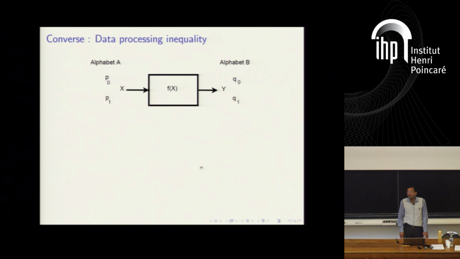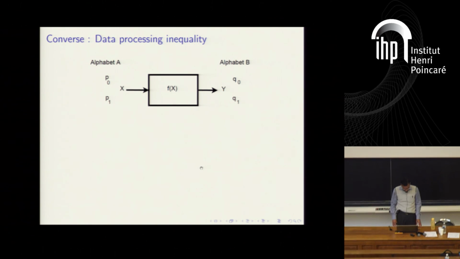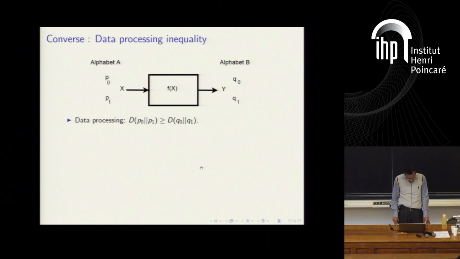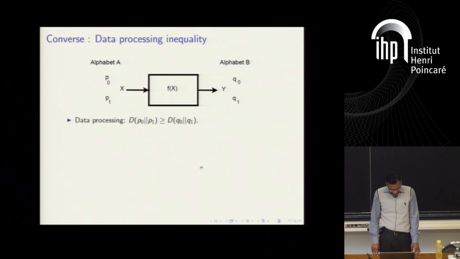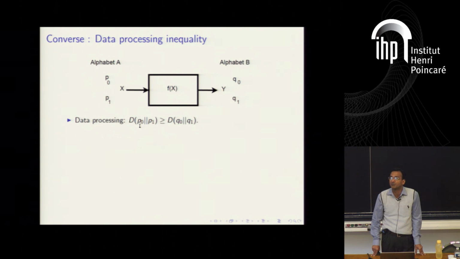And you do some processing, and out comes your y. You'd like to do this hypothesis testing. Now, your ability to distinguish between these two hypotheses is given by this relative entropy between P0 and P1 when you're operating on the input side. But if you do some processing, let's say you get a y, then there are these induced distributions for P0 and P1.